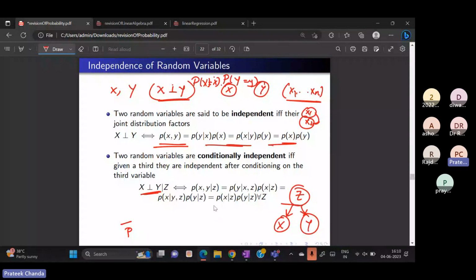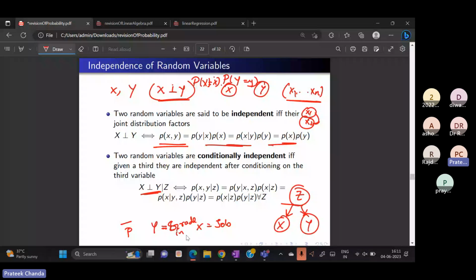There are various examples. Let's say X is getting a job, Y is getting a good grade in an exam, and Z is preparation, some skills or preparation.